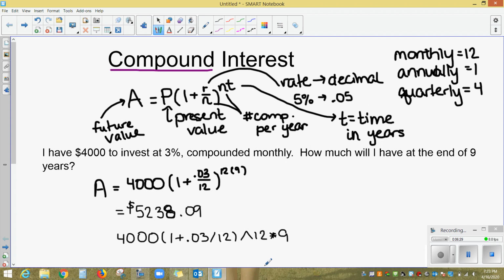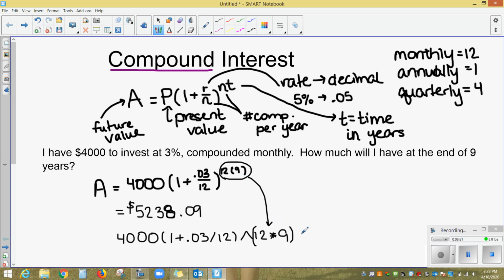Most of your calculators, you can just enter the expression in from left to right, pretty much as I have here. Again, if you got something closer to 40,000, 30,000, $37,000 instead, then here's where you went wrong. Understand that the exponent up here is that product, 12 times 9.